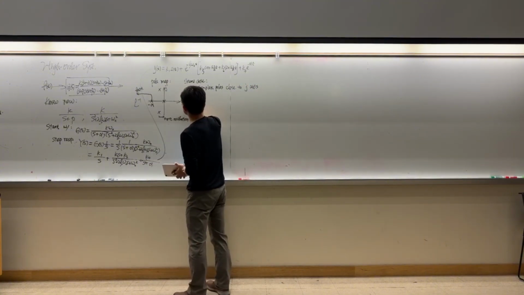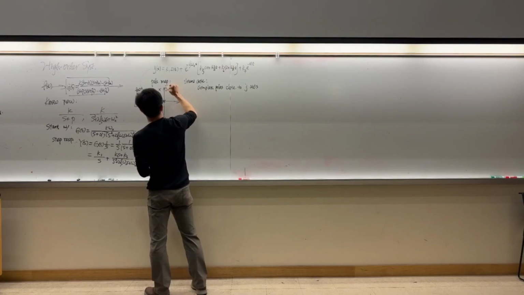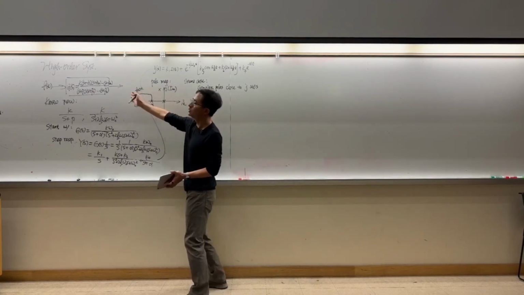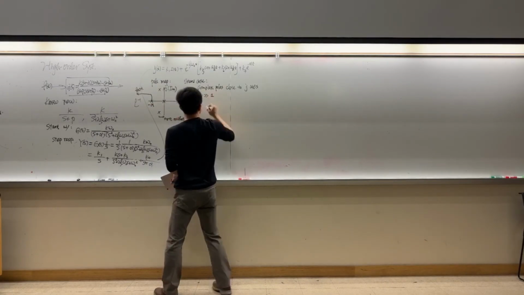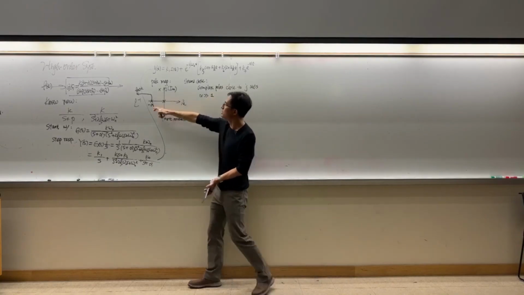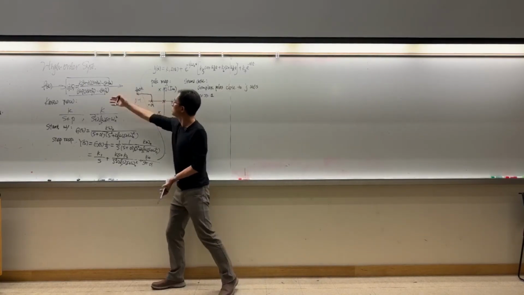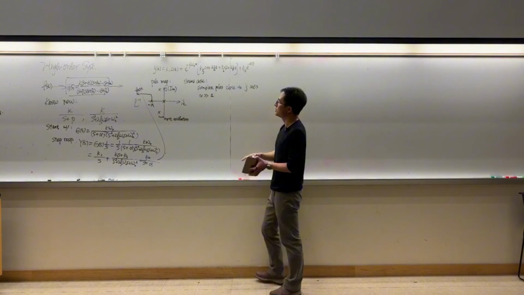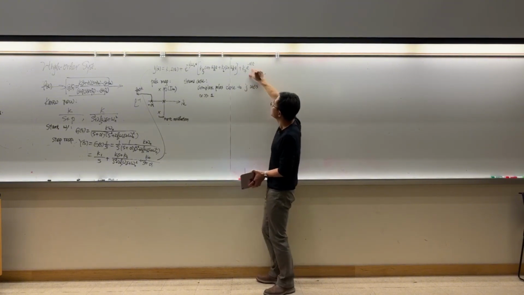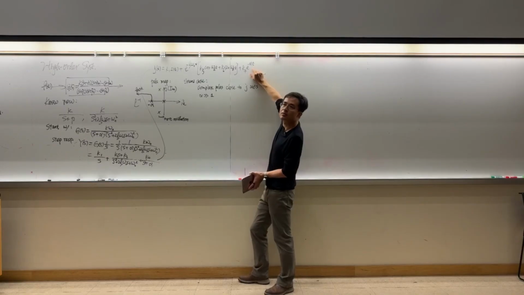This is real, this is imaginary. I will call this j axis. And then alpha is very much to the left. Alpha is pretty big. So alpha being a lot larger than 1 means negative alpha is going to the left of the complex plane. So that means this decays so fast, and very quickly this is going to become small.